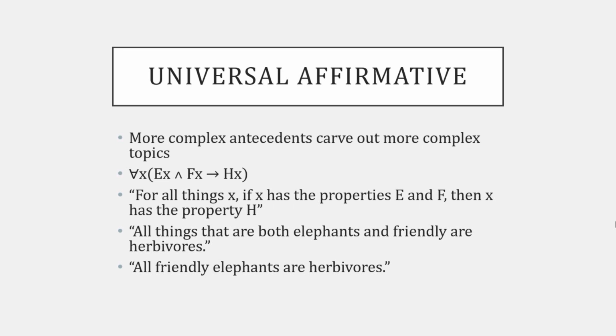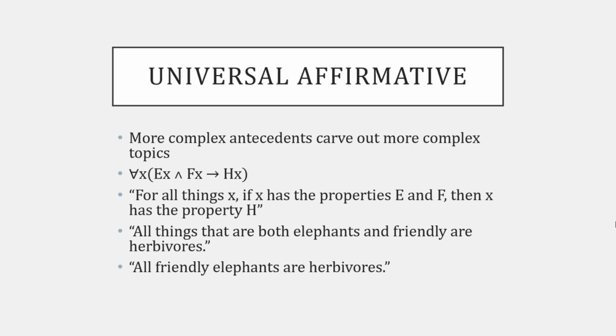So you have to pick apart this sentence, all friendly elephants are herbivores, and figure out which parts of it are being used as restricting the domain of discourse and which parts of it are being asserted about that domain. Right? So basically you look at a sentence like this and you want to try to separate out what goes in the antecedent and what goes in the consequent.